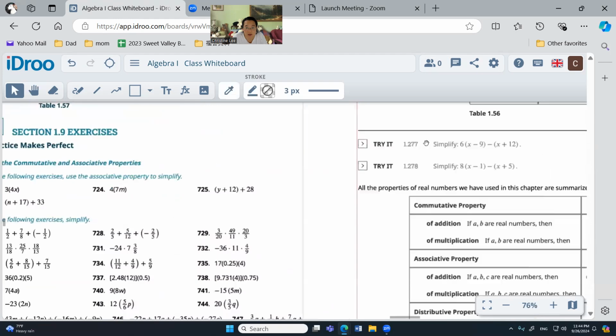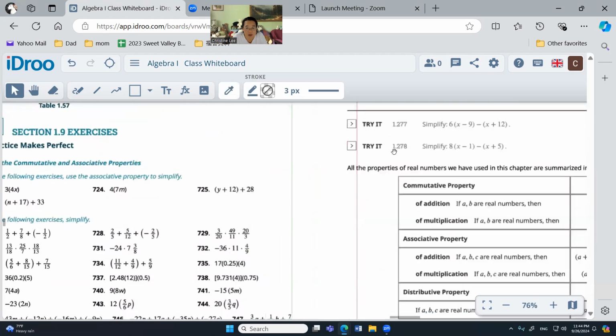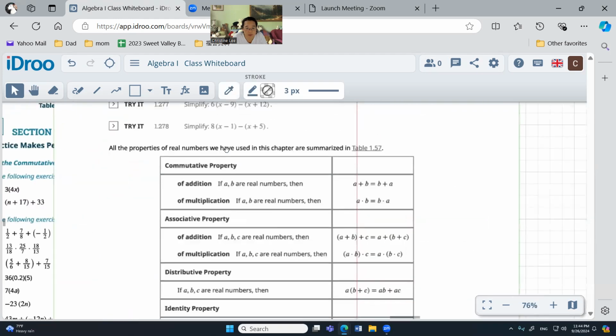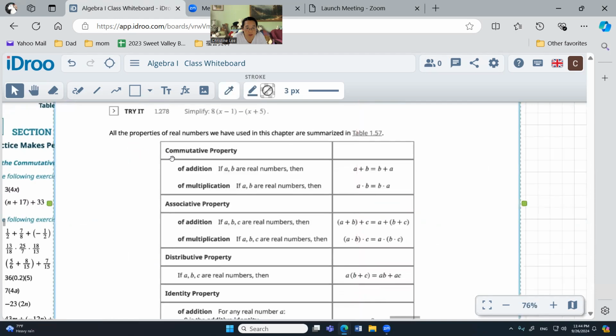Here, the page before, there is a review. So what is a commutative property? A plus B, B plus A, same thing. A times B, B times A, same thing.